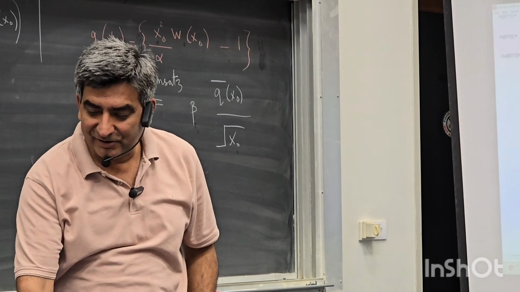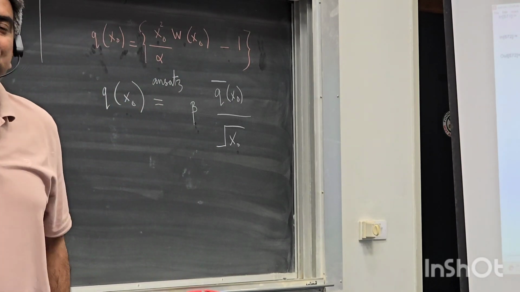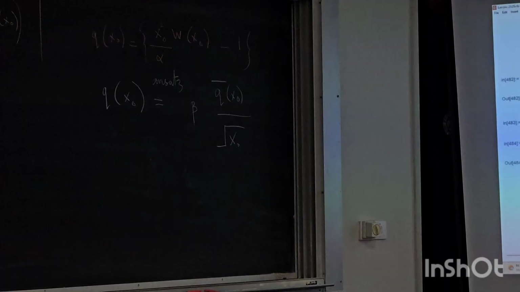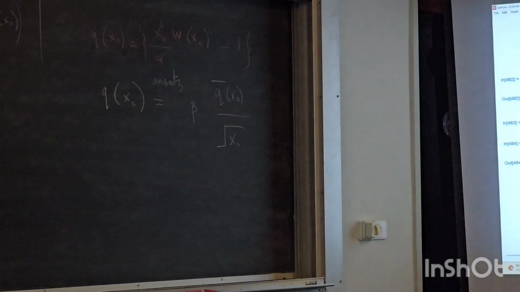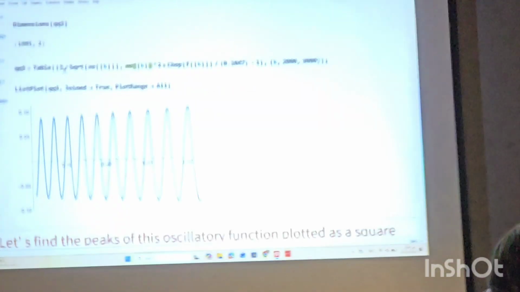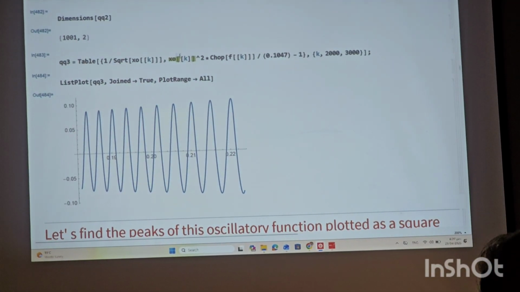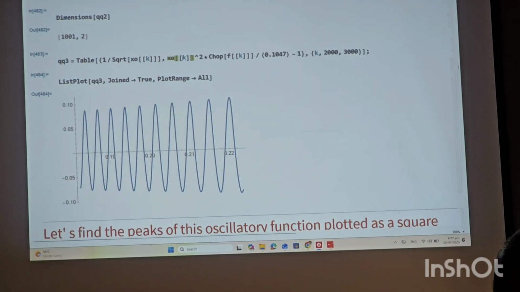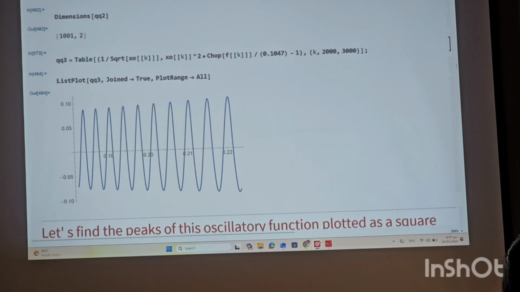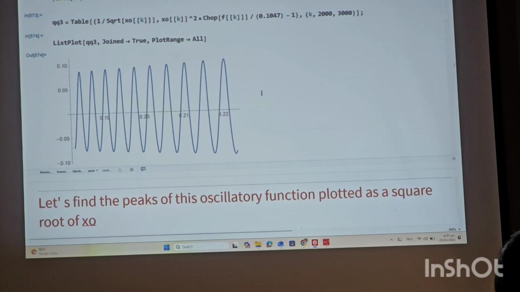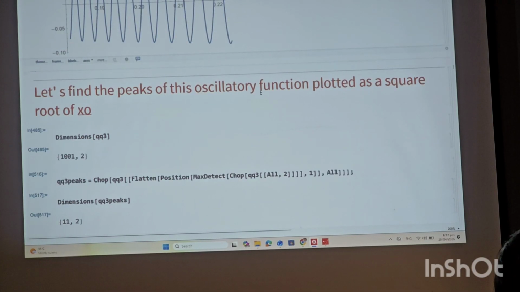So this is the last time we're going to do this modulation for the lights. Now you observe in this plot, what I'm trying to do is plot this function with respect to 1 over square root of x naught. And this is the kind of function that I obtain.